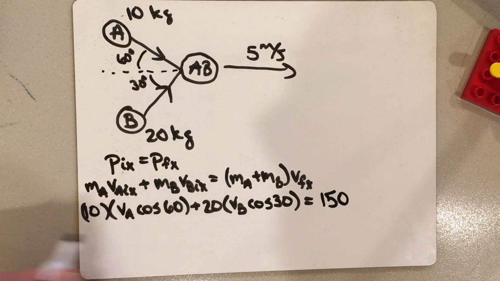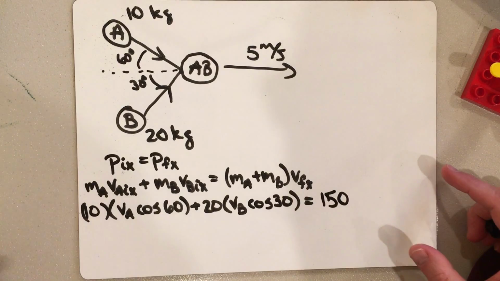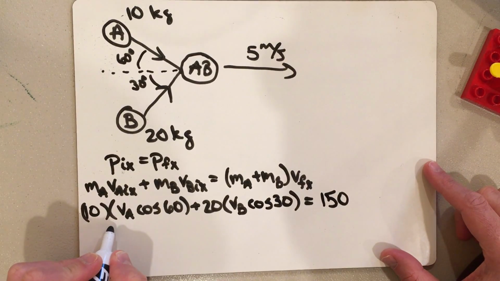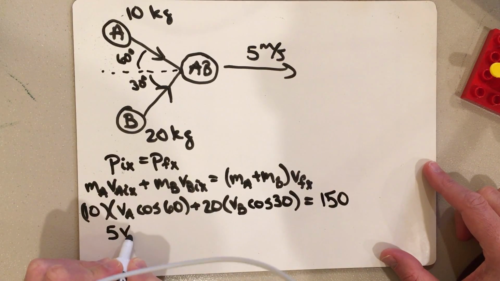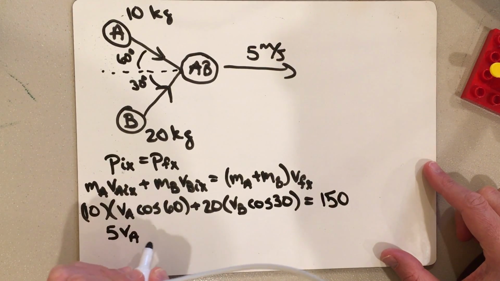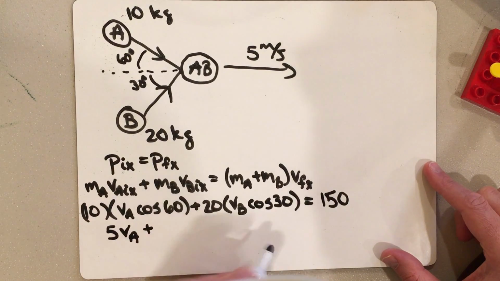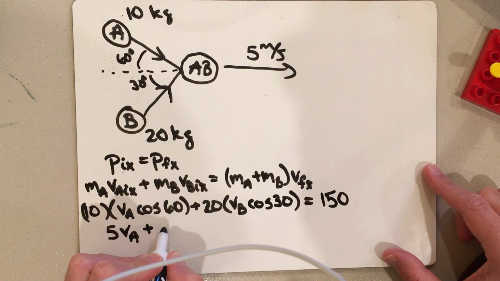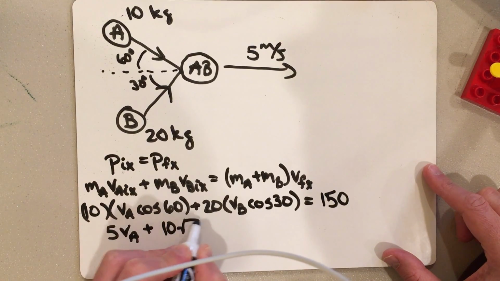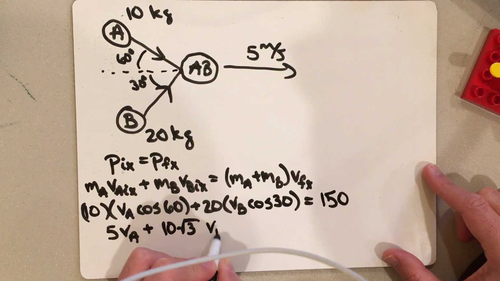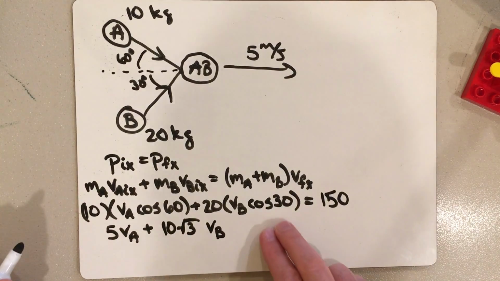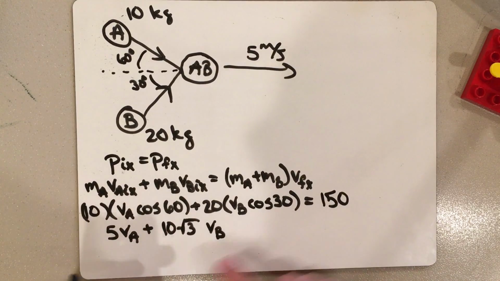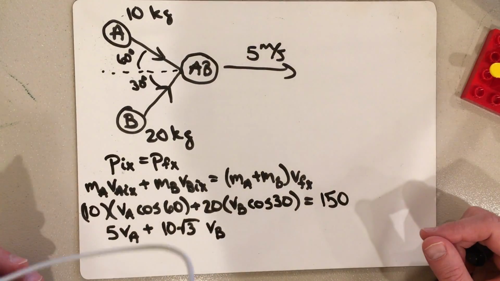And so I can do a little bit more here. The cosine of 60 is 1/2, so this becomes just 5 times VA, plus cosine of 30 is the square root of 3 over 2, so 20 divided by 2 gives me 10, multiplied by the square root of 3, times VB.